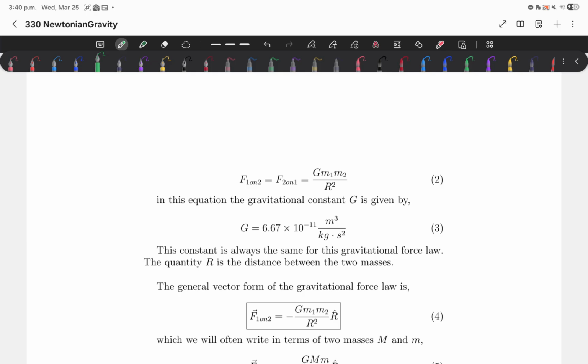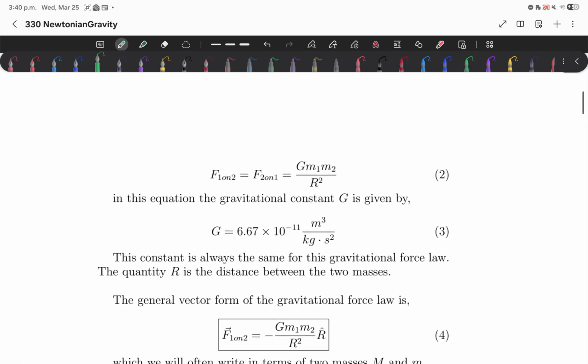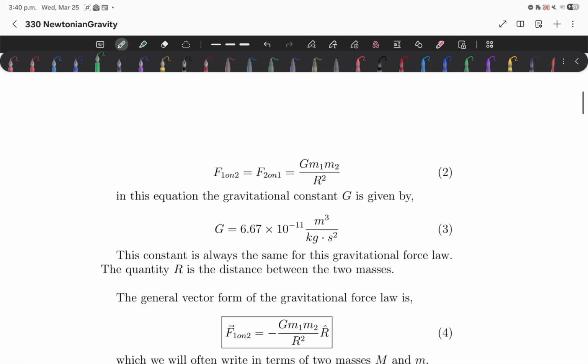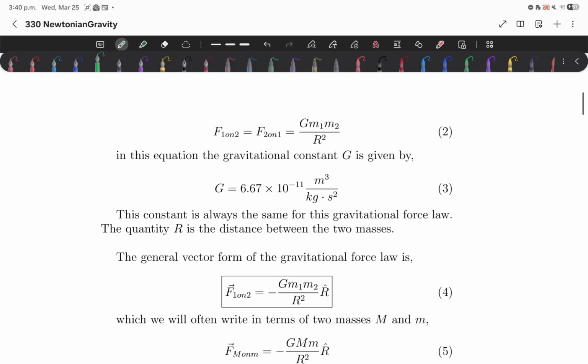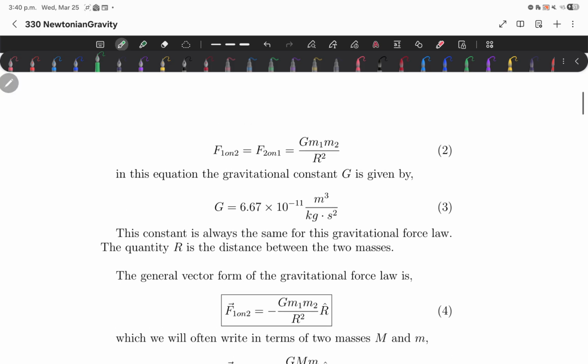This law here is Newton's gravitational force law, kind of like Coulomb's law in electrostatics, which was k Q1 Q2 over r squared. But this is a general vector law, just like Coulomb's law. So in high school, you probably would have seen what was on the previous slide.